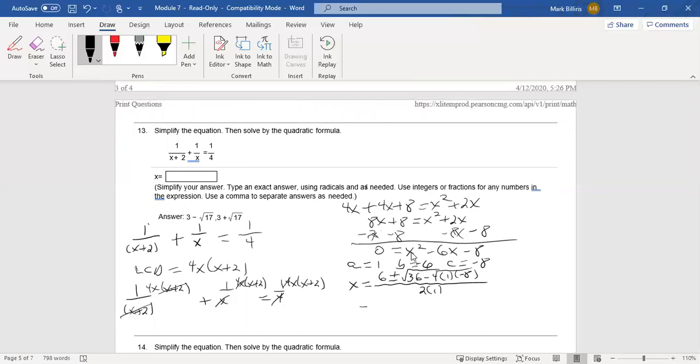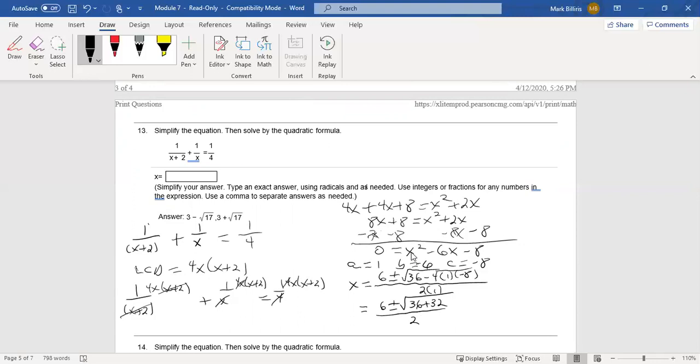So this would give me 6 plus or minus the square root of 36. And remember, we start with that -4 times 1 is -4. -4 times -8 is positive 32, all over 2.